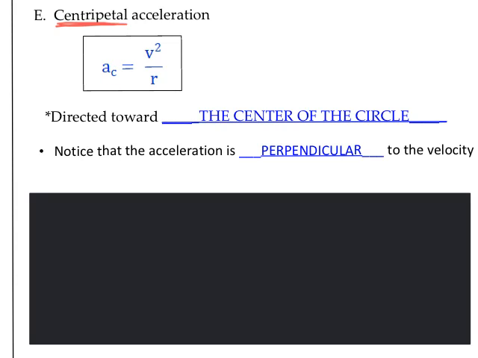It's going to be the speed squared divided by the radius. The units are still going to be meters per second squared, just like you're used to seeing for objects that move in a straight line. So the units don't change. The direction for the centripetal acceleration is toward the center of the circle, and this means that it will end up being perpendicular to the velocity.